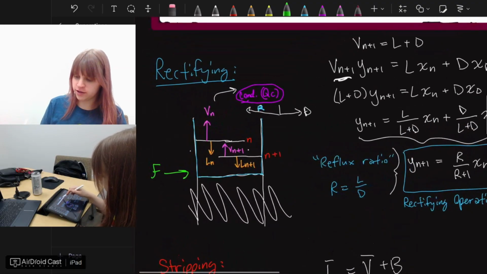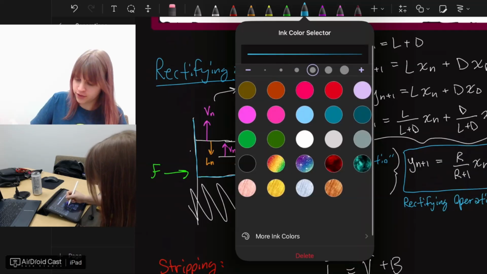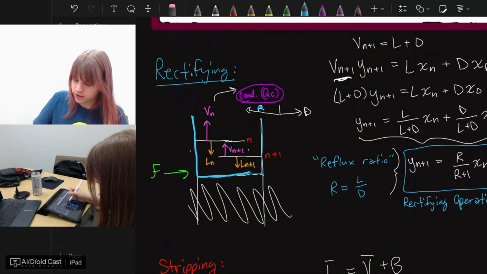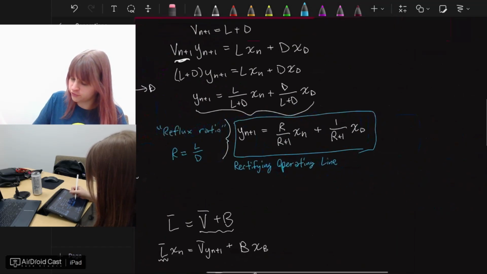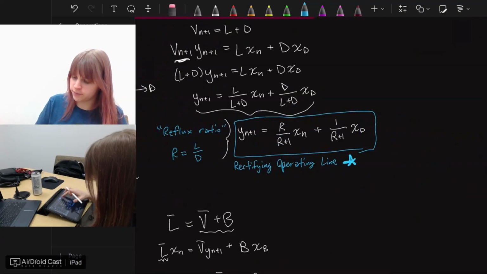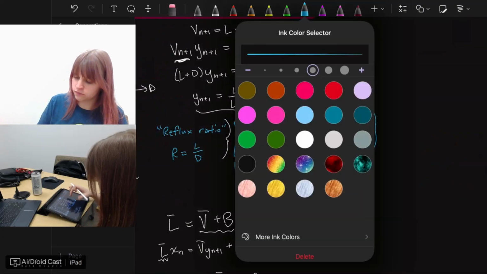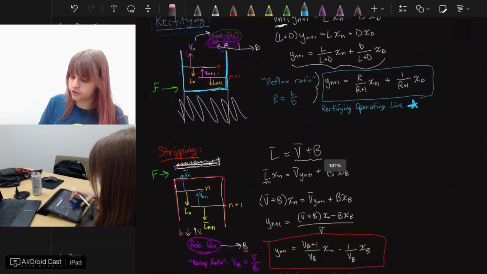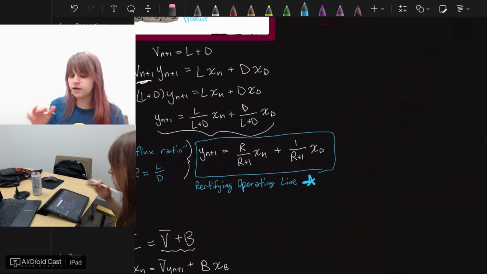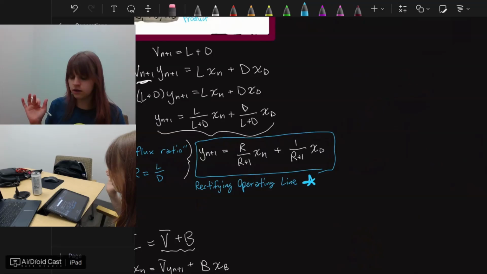And so we did our rectifying section here, and we got this wonderful equation. And in a future video, you'll see why we need this equation.